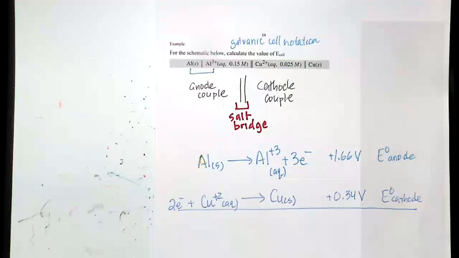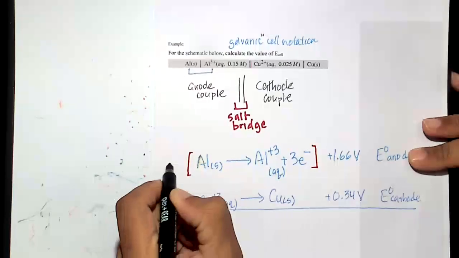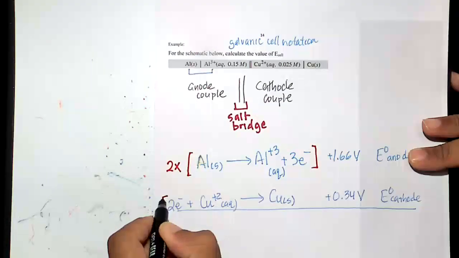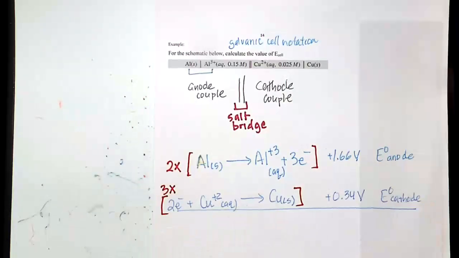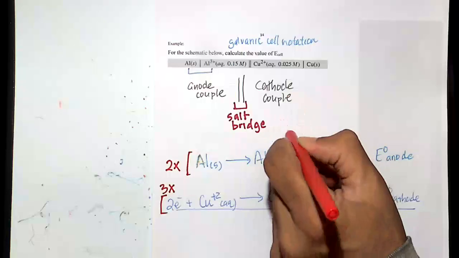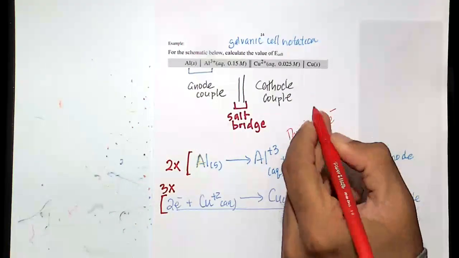All right, so we've got to multiply things out to cancel out the electrons. I'm going to multiply the top one by 2, and the bottom one by 3. How many electrons are being transferred in this reaction? This is a 6 electron transfer reaction.